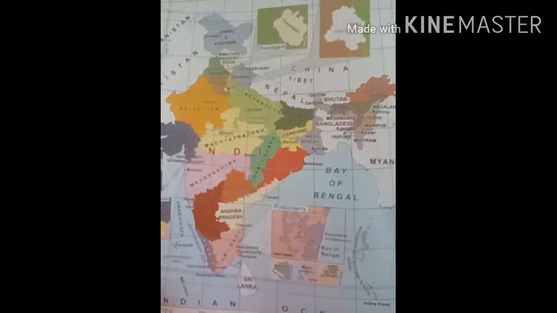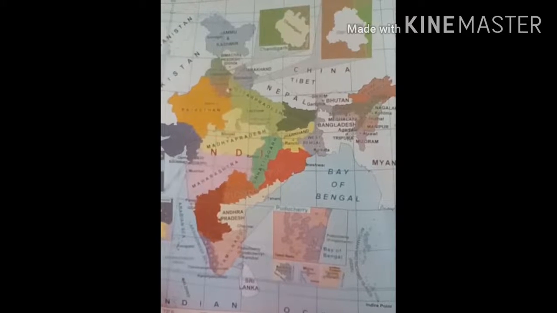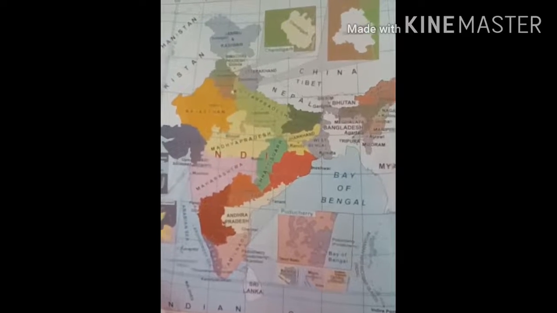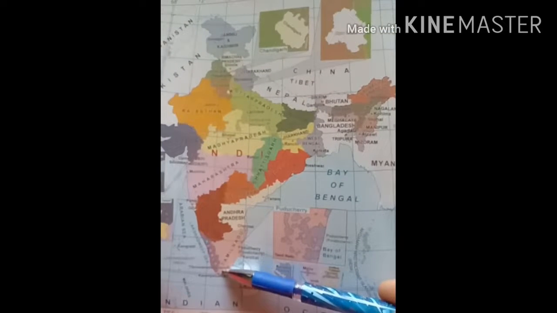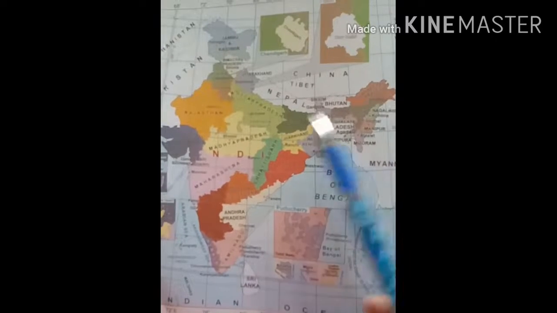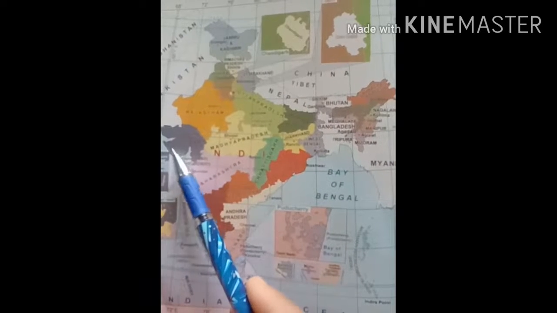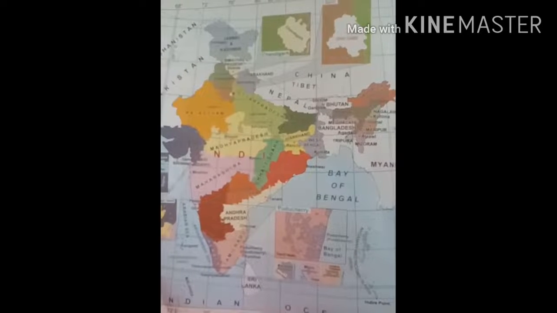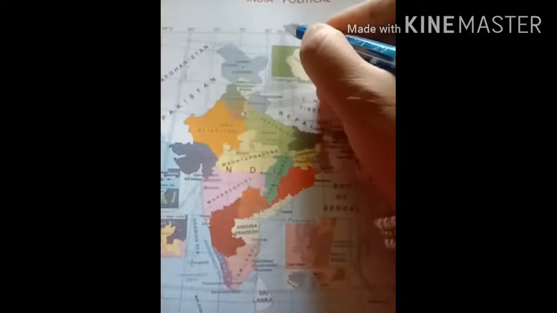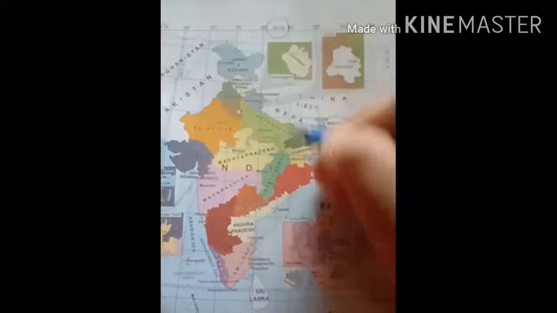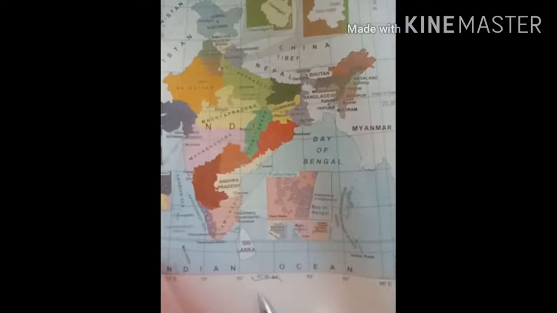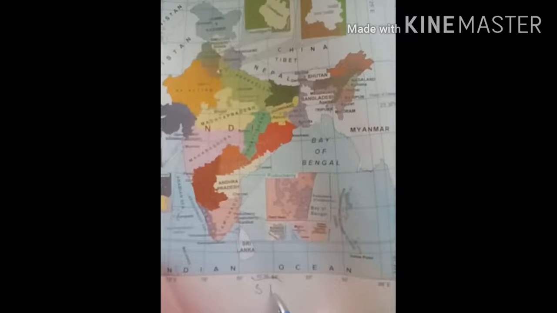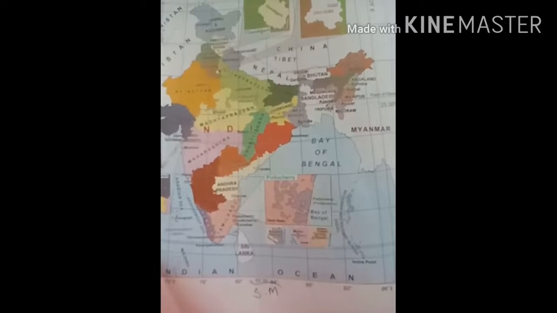The fact is that the east-west extent appears smaller than the north-south extent. The north-south distance is 3,214 km while the east-west distance is 2,933 km. 82.5 degree east longitude, between Allahabad and Mirzapur, is taken as the standard meridian of India.